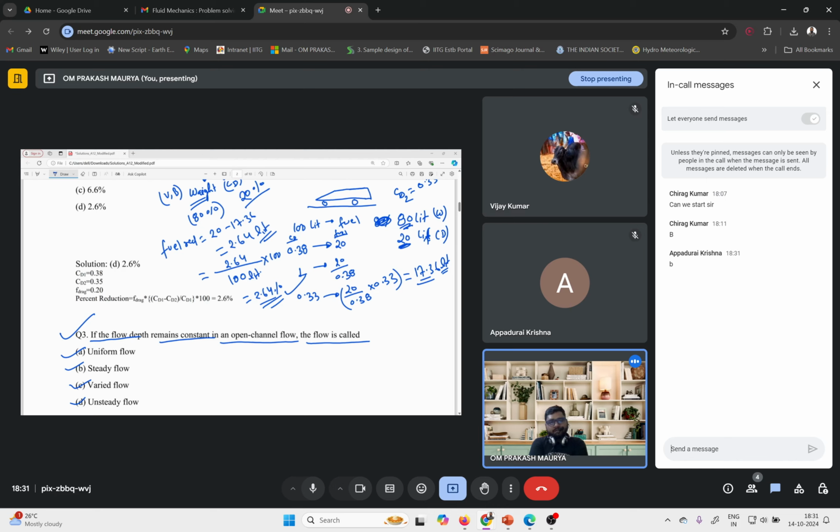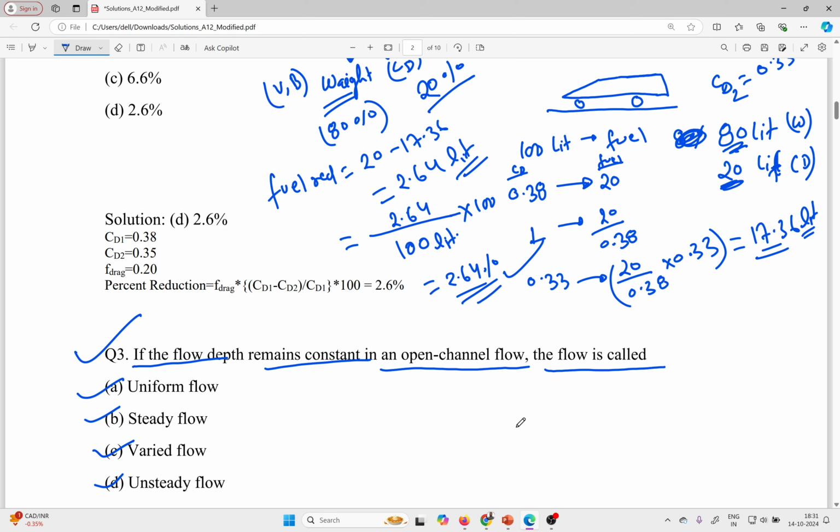Okay, you are telling option B, steady flow. Okay, let me discuss. So, if the flow depth remain constant in an open channel flow, the flow is called, what is the actual meaning?